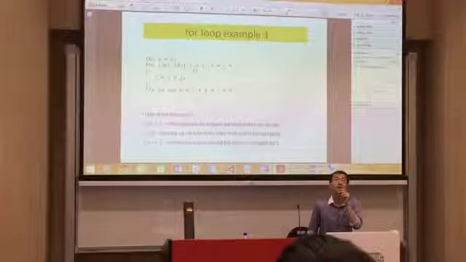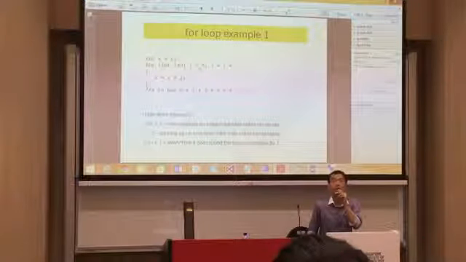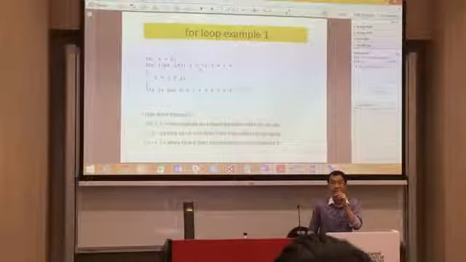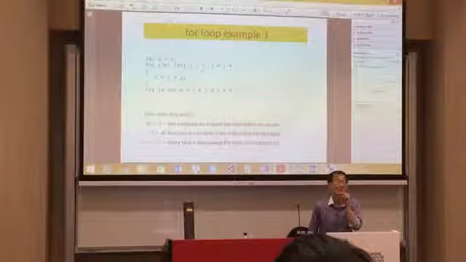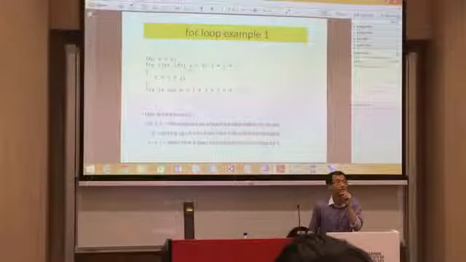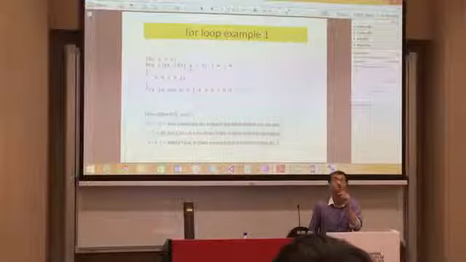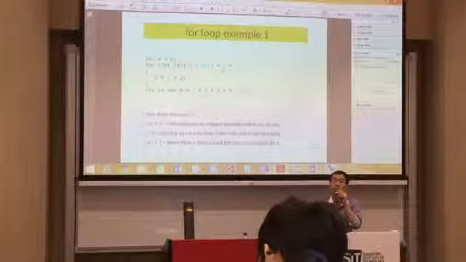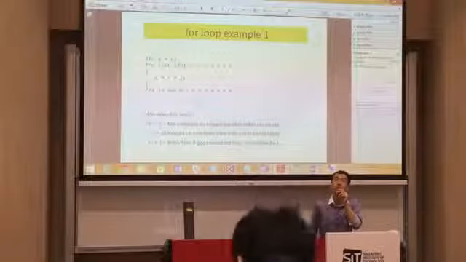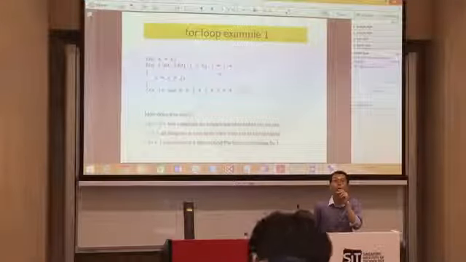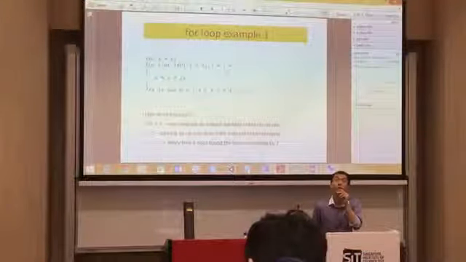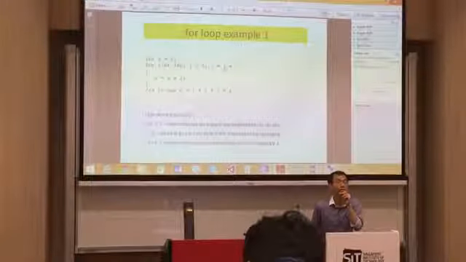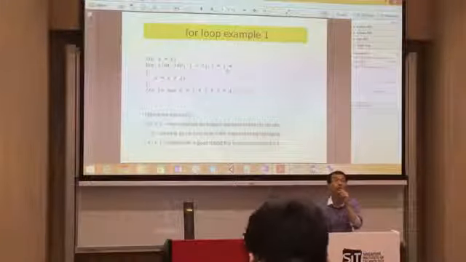If I is bigger than or equal to 5, you will exit. So this is the condition for the for loop. This is the variable update. It means every time you execute this loop, you update I by 1. You increment I by 1.